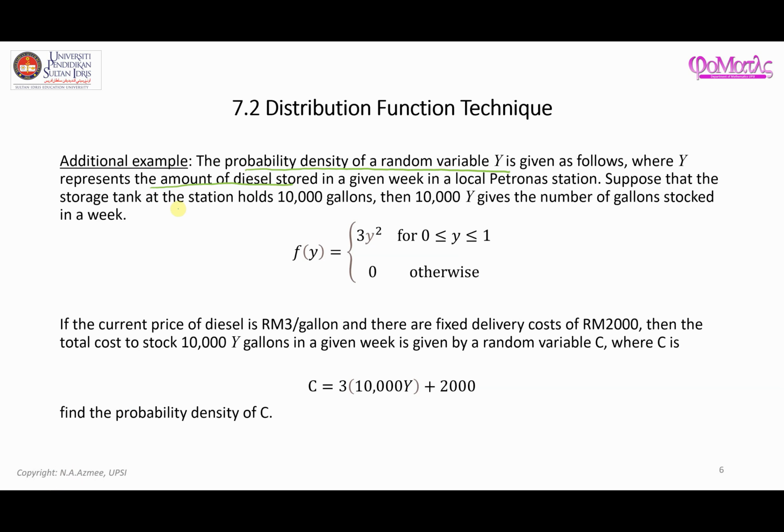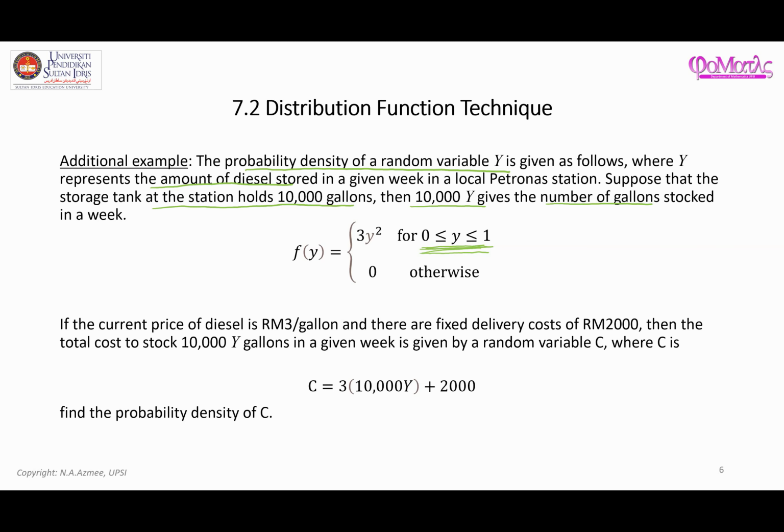Suppose that the storage tank at the station holds 10,000 gallons, then 10,000y will give you the number of gallons stocked in a week. So our random variable here can only take values between 0 and 1: 0, 0.2, 0.25, 0.13678, any continuous value really. The value is continuous from 0 to 1.